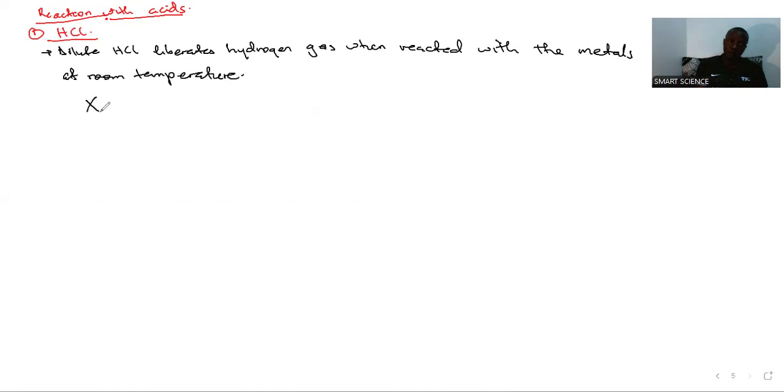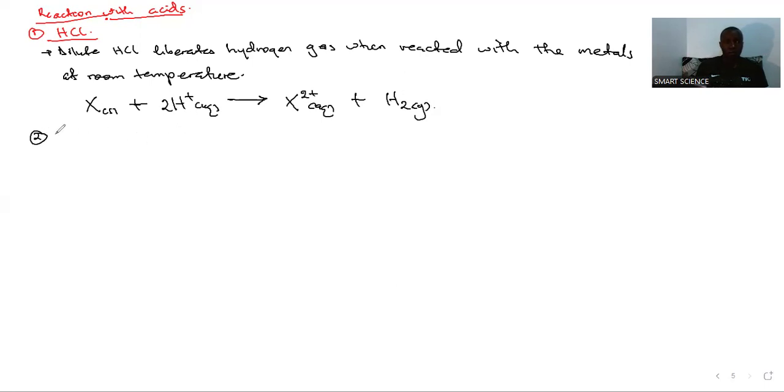So if I have a metal and I react it with the acid HCl, we all understand that an acid releases a proton in solution. We shall form a salt of that metal, and then we shall also liberate hydrogen gas.